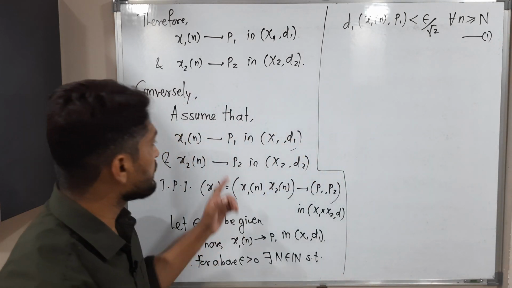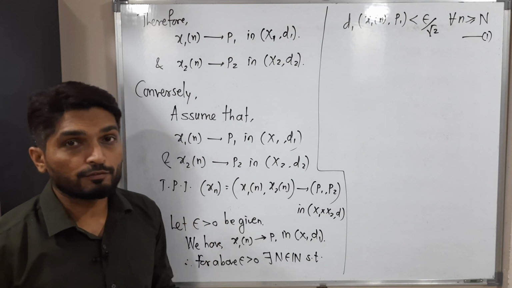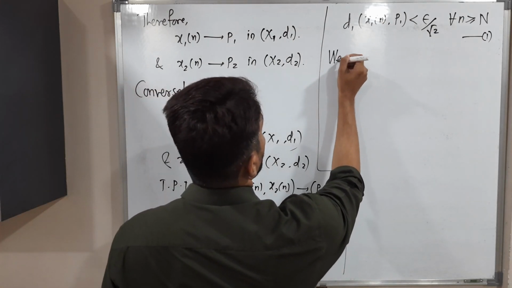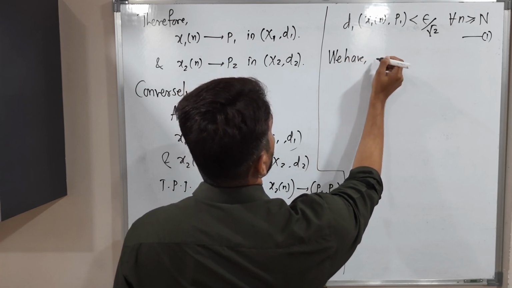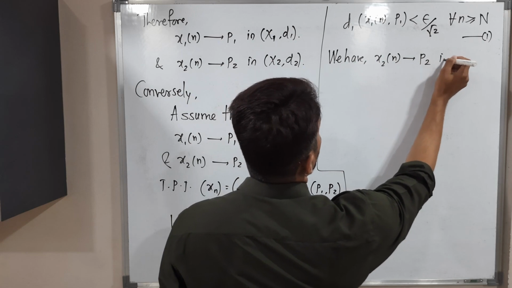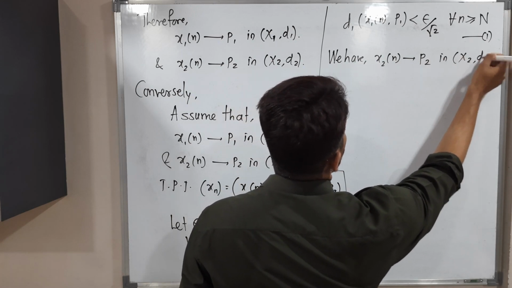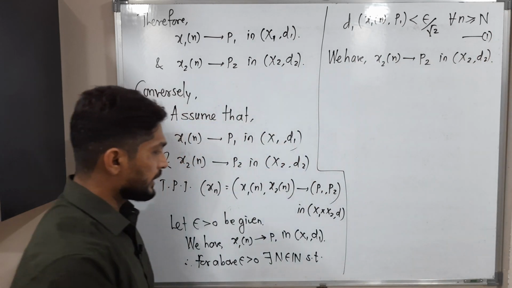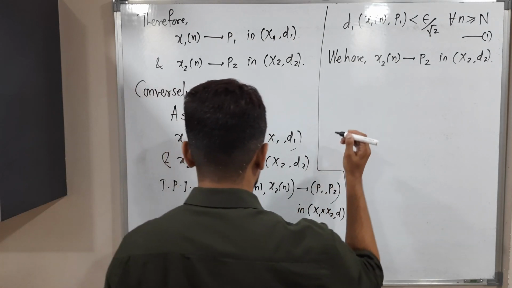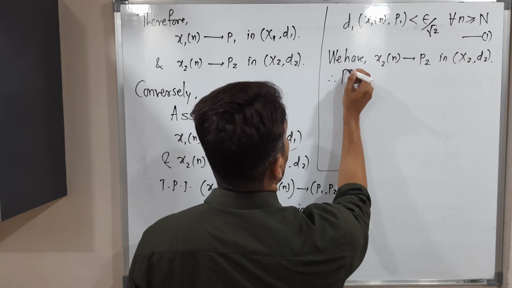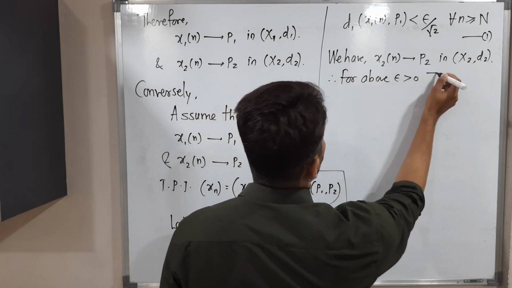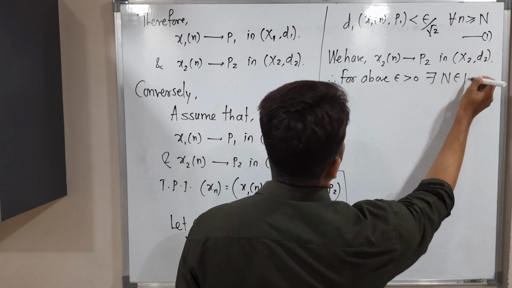So in this way we use the first information. Let us use the second information also. What is our second information? x2n converges to p2 in x2 d2, the second metric space. Again we can write in the same way, for the above epsilon greater than 0, there exists a natural number n.